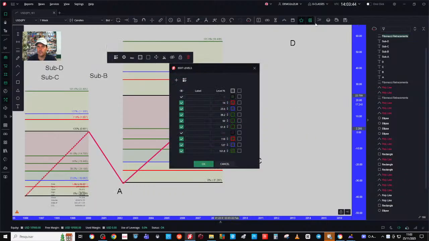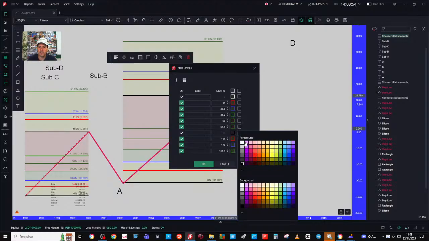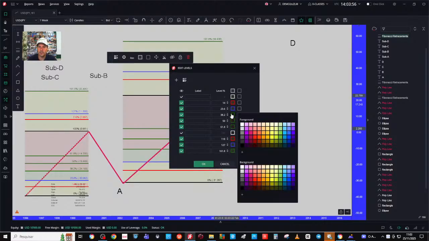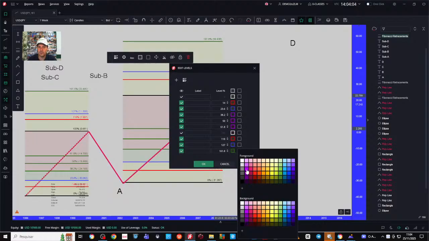Double click here. So I'm going to change colors. This is going to be white, this is going to be white, example. And this is going to be violet, and violet, and violet.